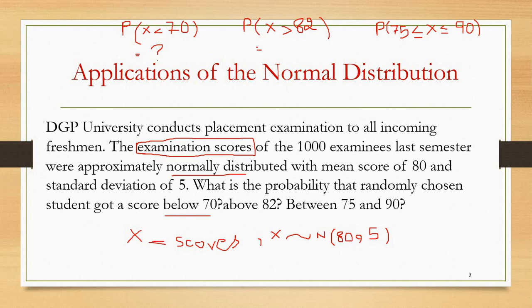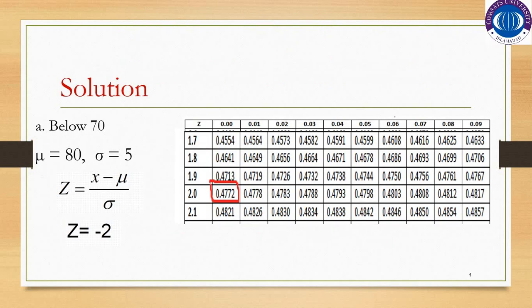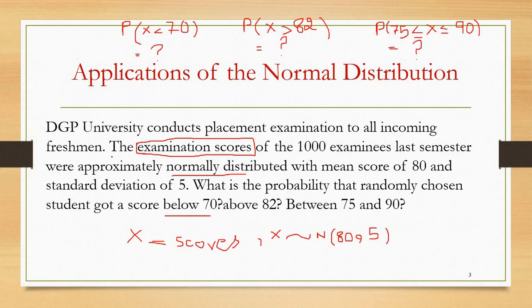As we have discussed in the previous part, for our convenience, we will convert this random variable x into standard normal distribution with mean 0 and standard deviation 1. So the first case, as you know, mean is 80 and sigma is 5 as it is written here.